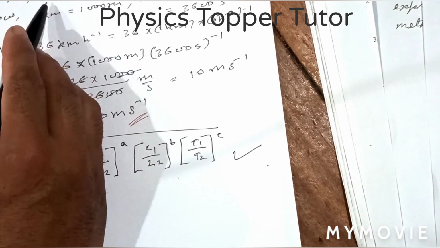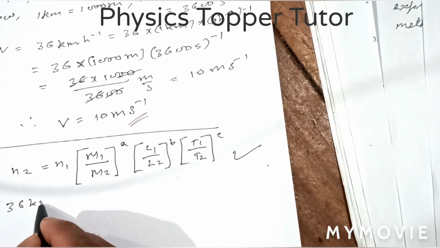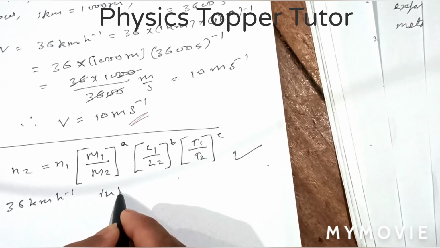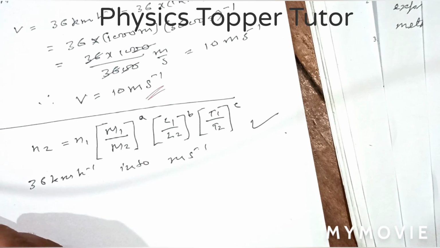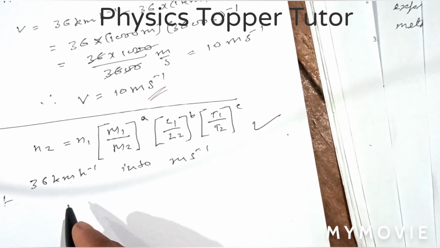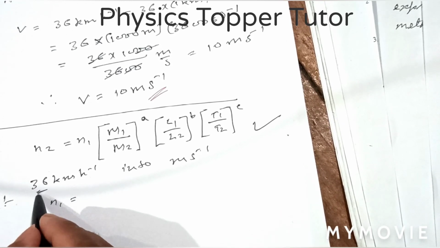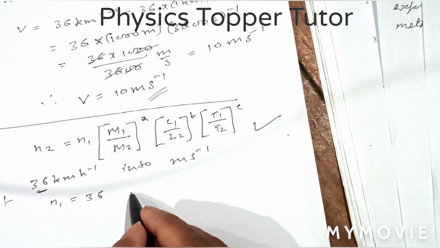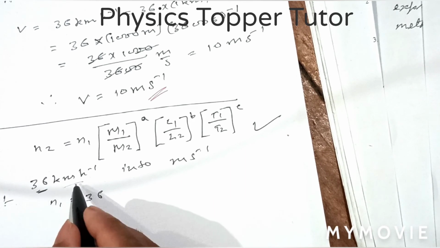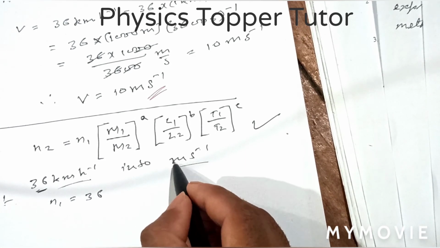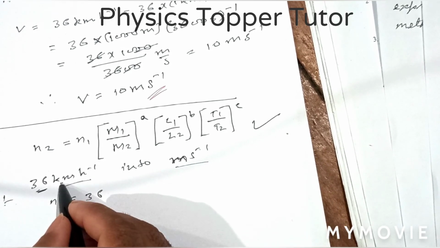Now we are going to find out the same thing, that means 36 kilometer per hour into meter per second. How do we do it? Now the solution. Here N1 is 36, and do we have mass? We don't have mass in this equation. Kilometer is a distance, hour is a time.